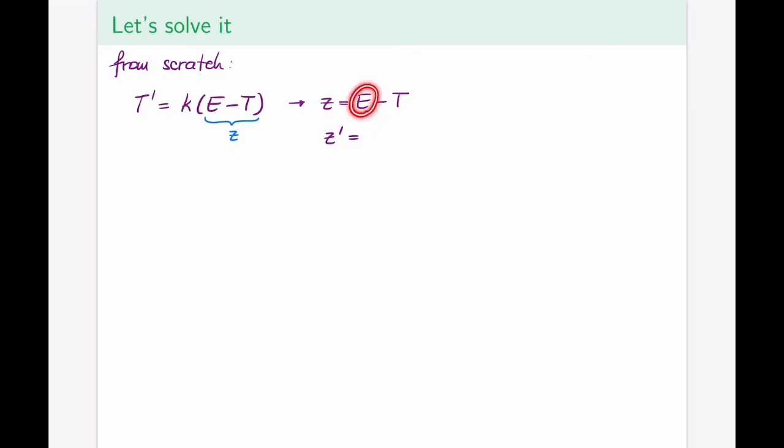The derivative of E, which is a constant, is 0, and the derivative of T is simply T prime. So this is z prime equals negative T prime. I'm now going to plug all of this back into my equation, and what do I get? T prime is then negative z prime equals, and on the right-hand side I have k times z.